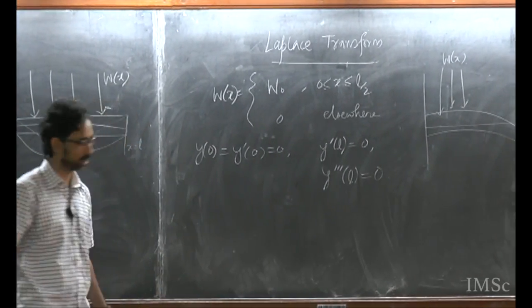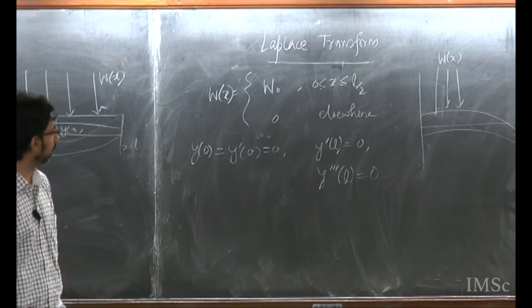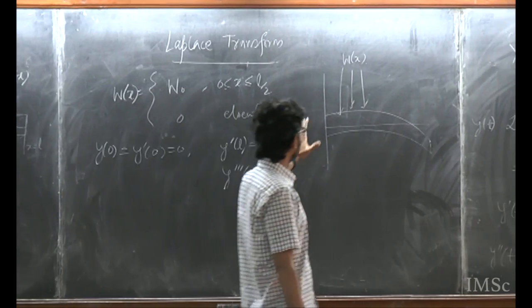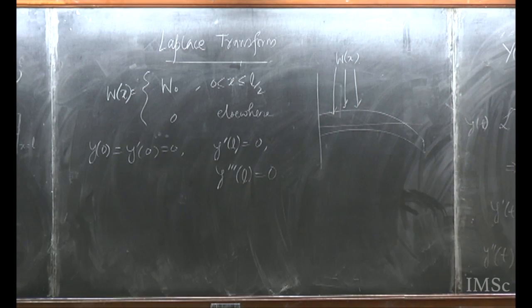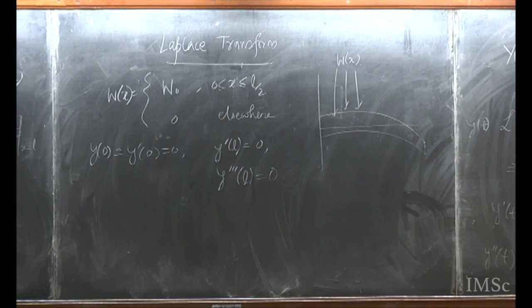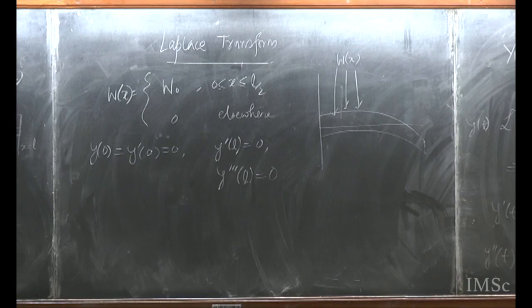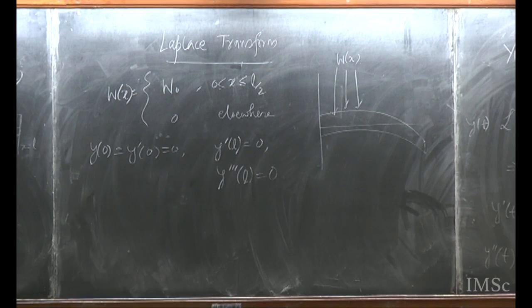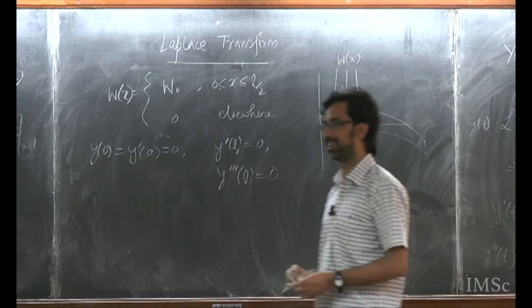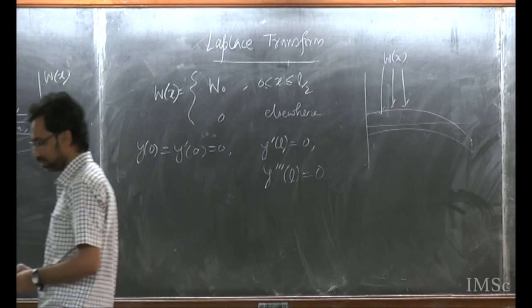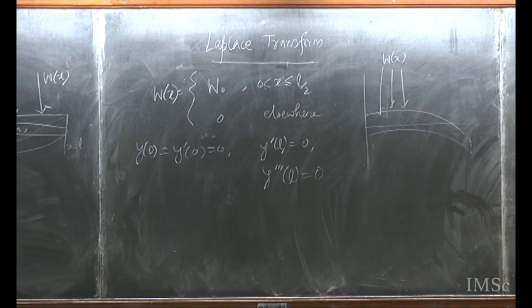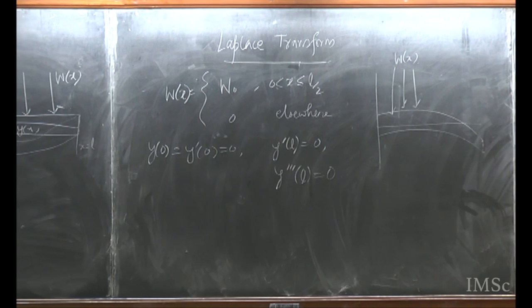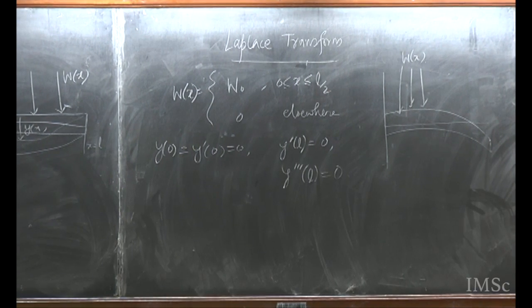So how do you write Wx, which is something constant on the first half and then 0? Any ideas? So we use the special functions that we studied, and here we will use the, yes, exactly.